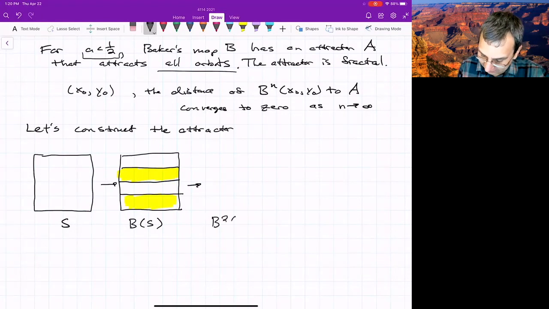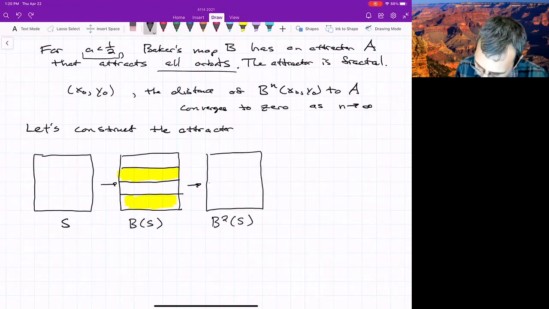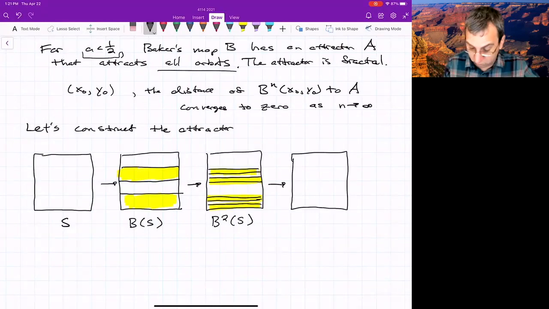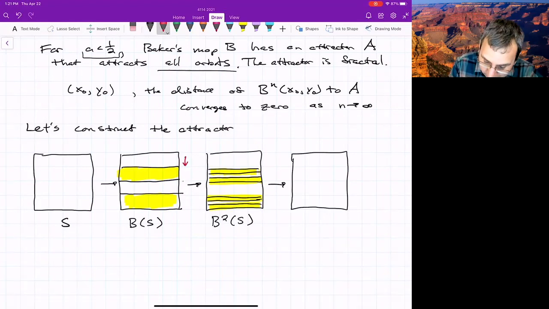So take that and apply the Baker's map. And in each of these, I think you can at least see where this is heading. Inside each of these regions, we'll have some additional regions. So that first image, B of S, consists of 2 strips of height a.